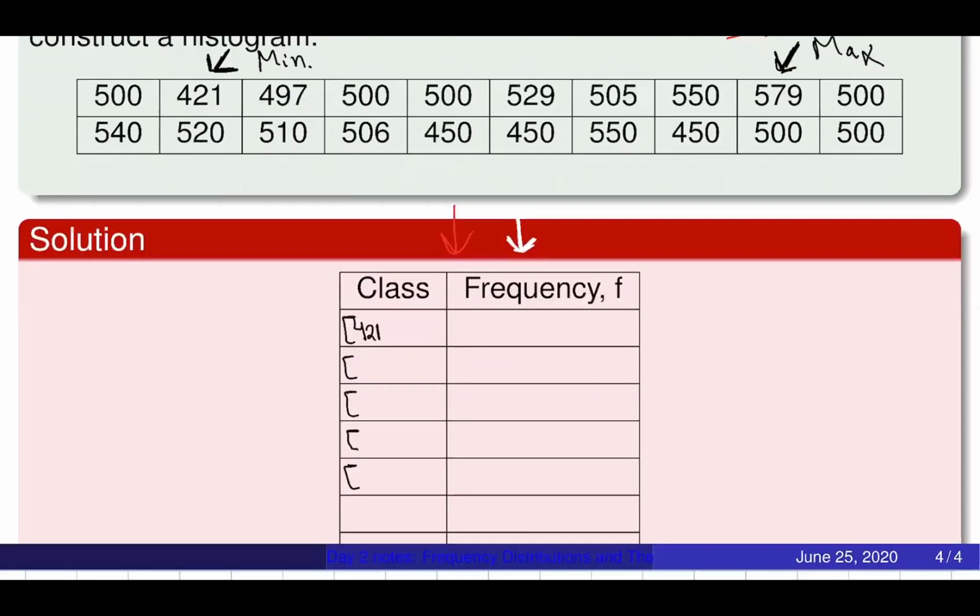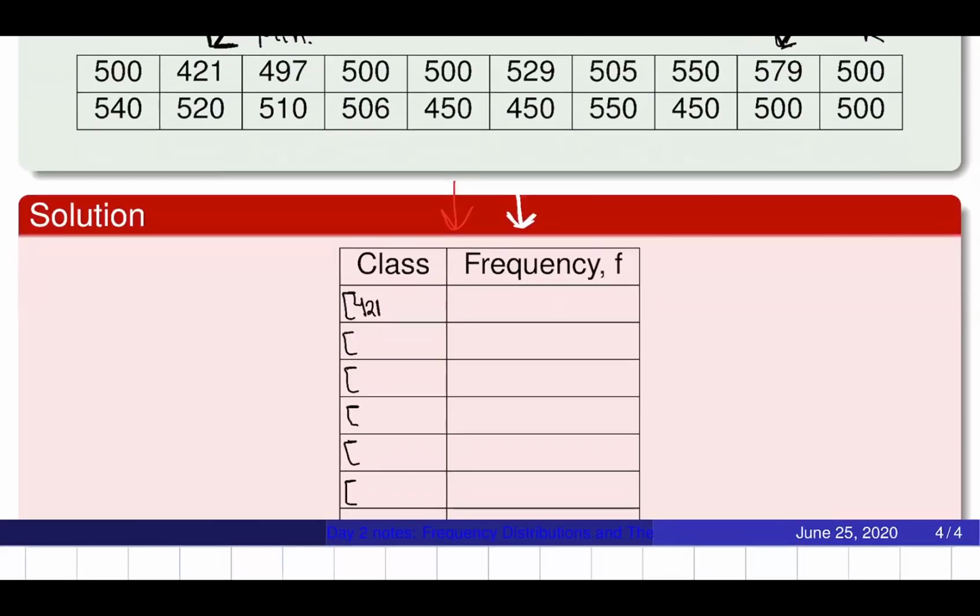All right. So if you look at it, since the bin size is equal to 23, in order for me to get the following number, all you have to do is just add 23 to 421. So 421 plus 23 should be 444. Now we're gonna do exactly the same thing. If I do 444 plus 23, that's gonna be 467.